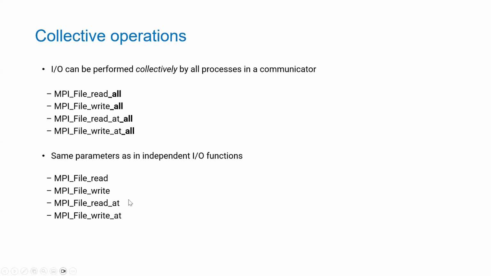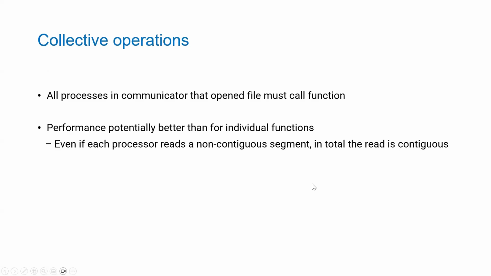What we talked about today is basically for those commands that are called individual file operations, the read or write file operations. And we have collective ones, and we may find time to talk about it next time. Basically, all processes in the communicator that opened the file must call the function, and the performance is potentially better than the individual functions.